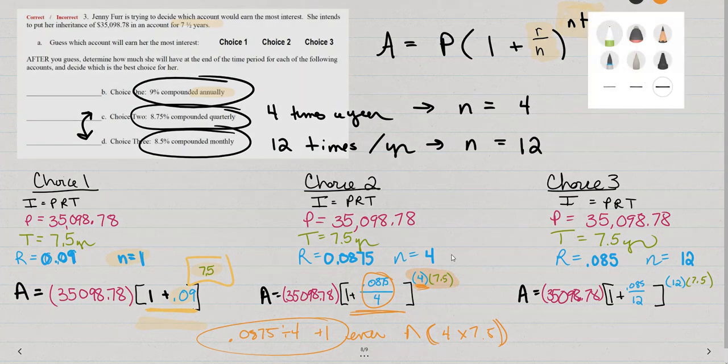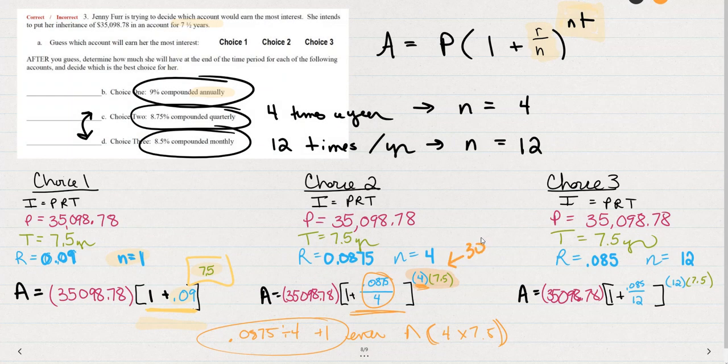That's another way to do this, by the way, if you're not real comfortable with your calculator. You could do that 4 times 7.5 first, and then when we get to this part of the calculation, just type in the 30 itself. But doing the parenthesis 4 times 7.5 close parenthesis would work as well. And then the last step is to multiply by the principal, which gives $35,098.78.